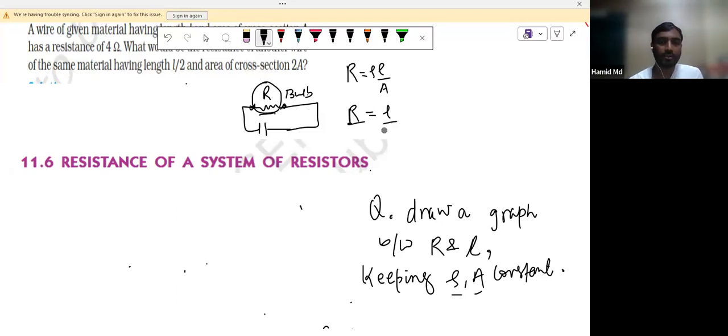Which type of relation is it? It is a linear relation. Here we have to write rho, comma, A constant, right?